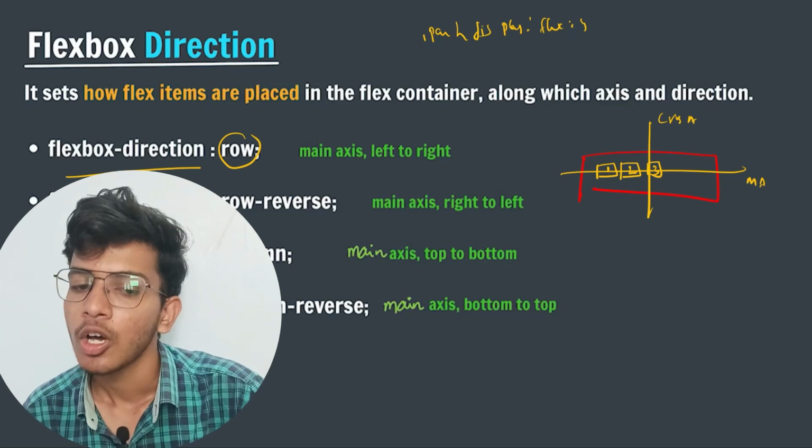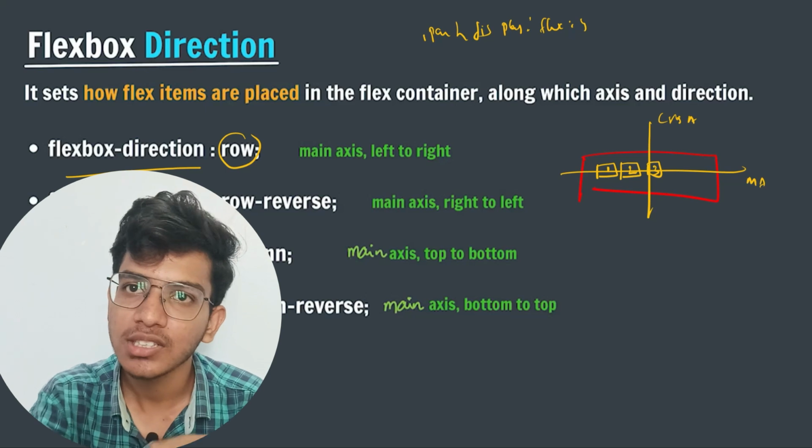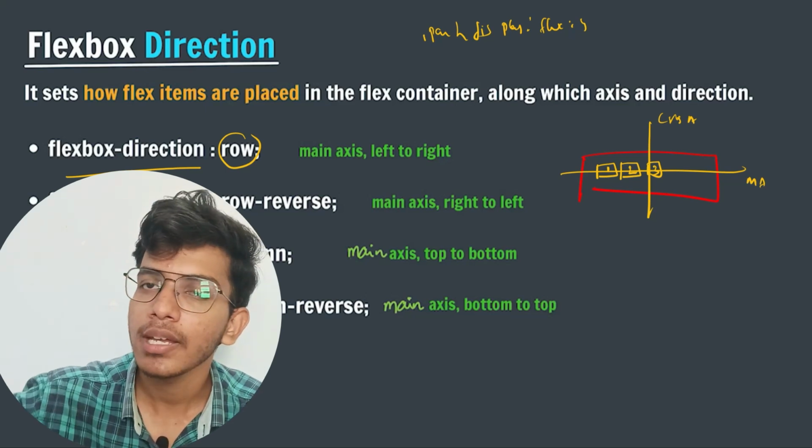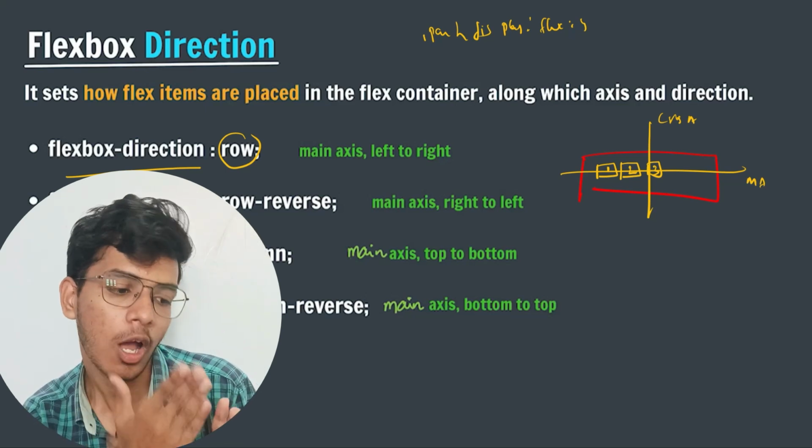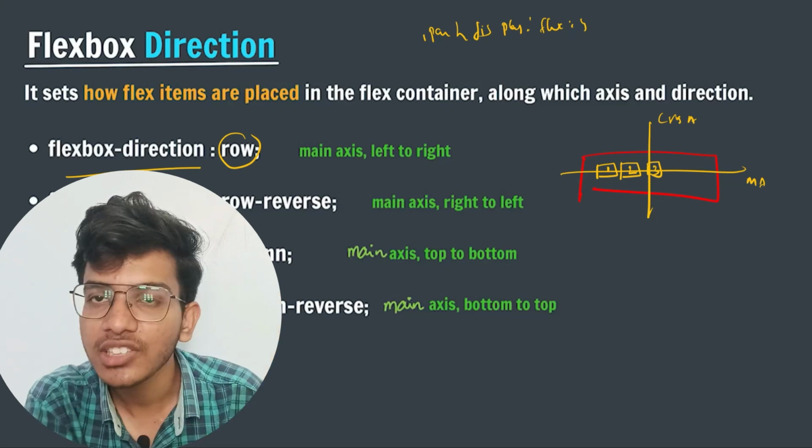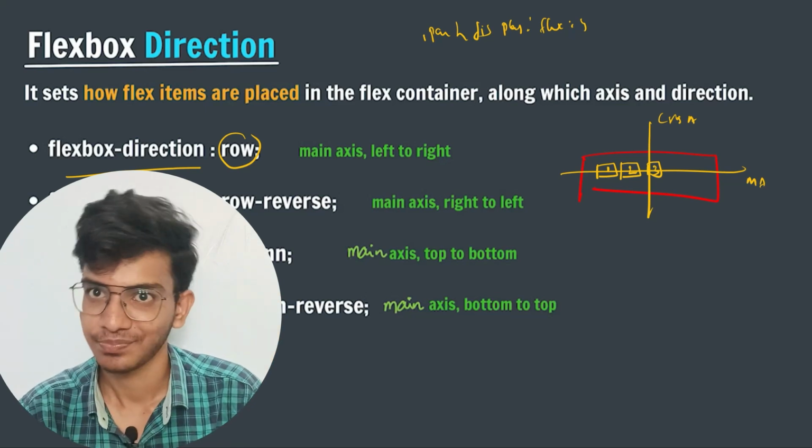Now if I give row-reverse, then the first element will be on the right side and the last element will be on the left side of my main axis.